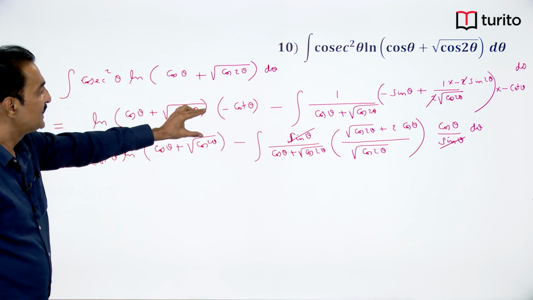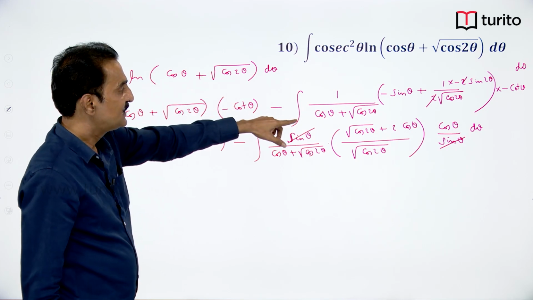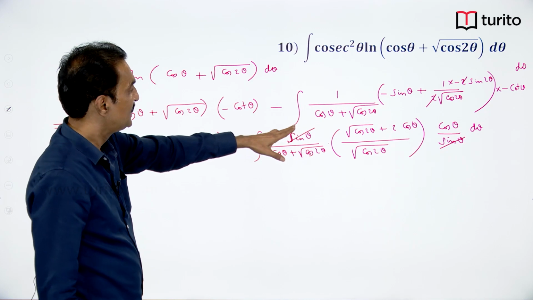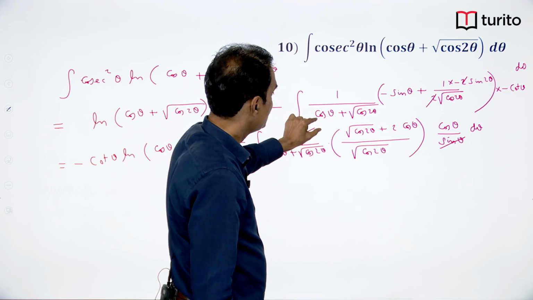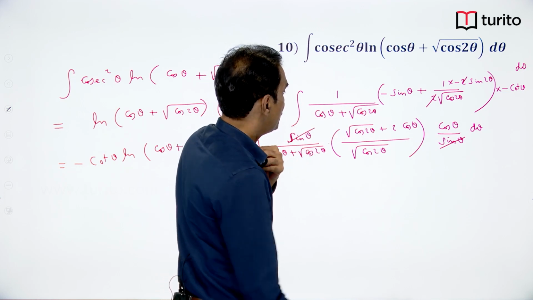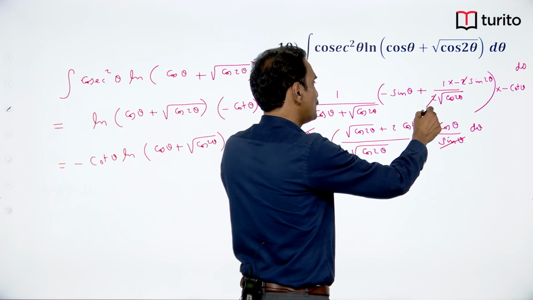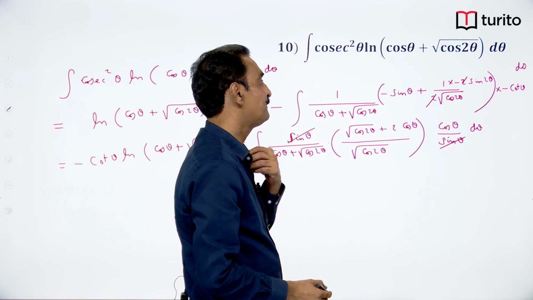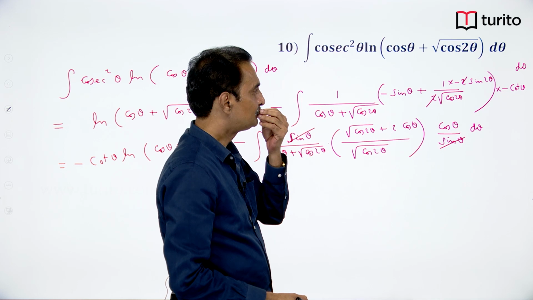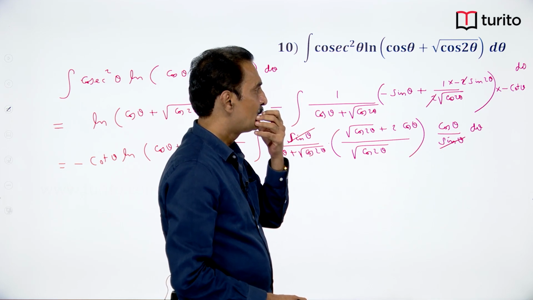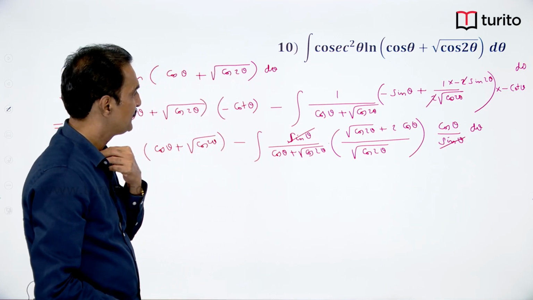First function into integral of the second function minus derivative: 1 by cos theta plus root cos 2 theta into derivative of this is minus sin theta plus derivative of root cos 2 theta is 1 by 2 root cos 2 theta into derivative of cos 2 theta, minus 2 sin 2 theta. Everything is correct only.